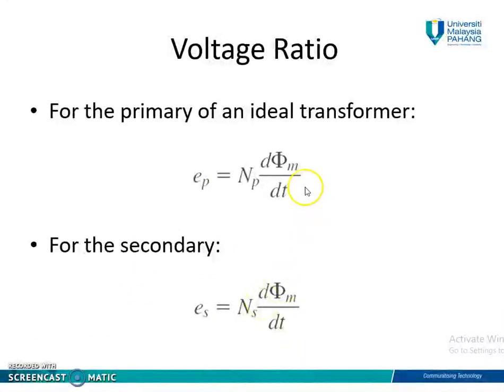From both equations shown here, the induced voltage is equal to the rate of change of magnetic flux multiplied by the number of loops in the primary winding. And for the second equation, the EMF is equal to the number of loops of the secondary winding multiplied by the rate of change of magnetic flux in the secondary winding.